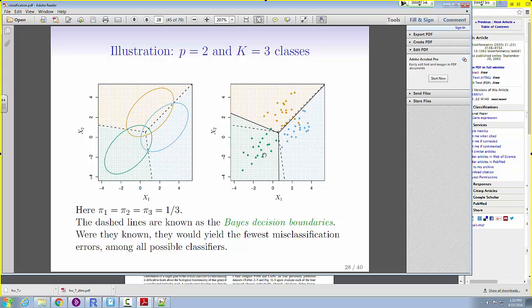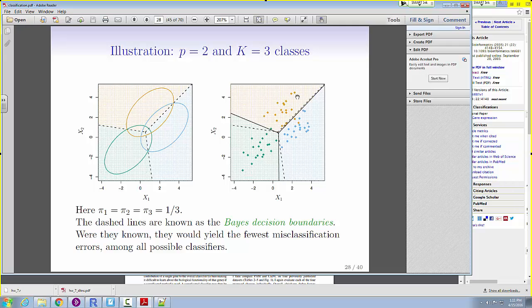The Bayes rule is the best classifier. It is LDA if the LDA model holds. The LDA model is multivariate normal with equal covariances between the classes. But if that holds, the best you can do is Bayes rule, and the solid lines mark out what the Bayes rule is. The best you can do on these data in terms of minimizing errors is illustrated by these lines.